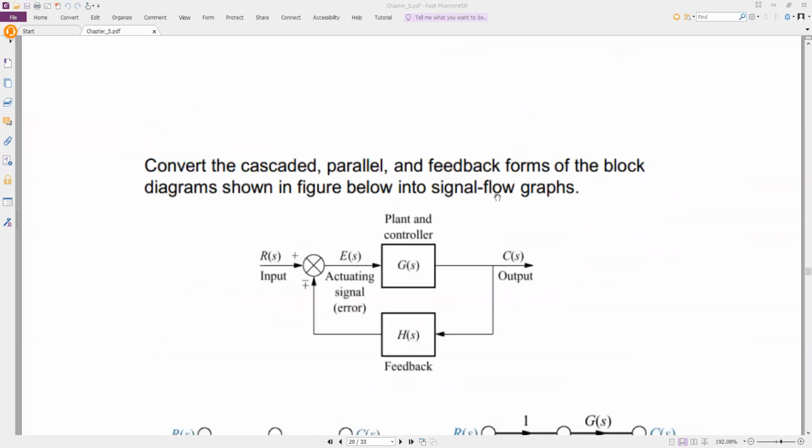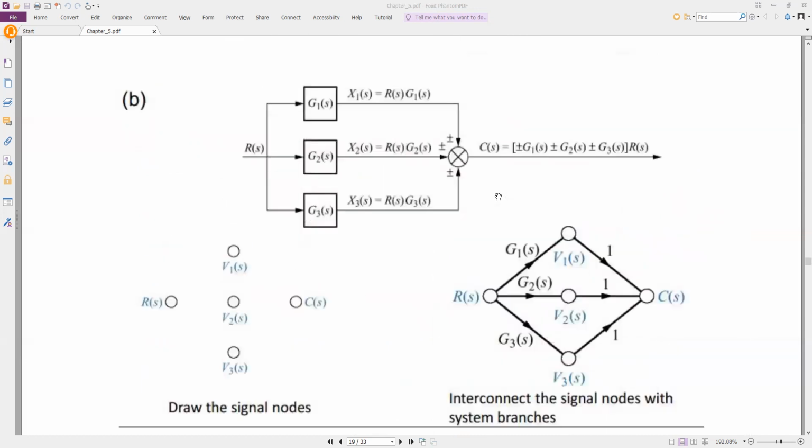A similar thing would happen here. How many branches are there? How many nodes are there? R1, X1, X2, X3.